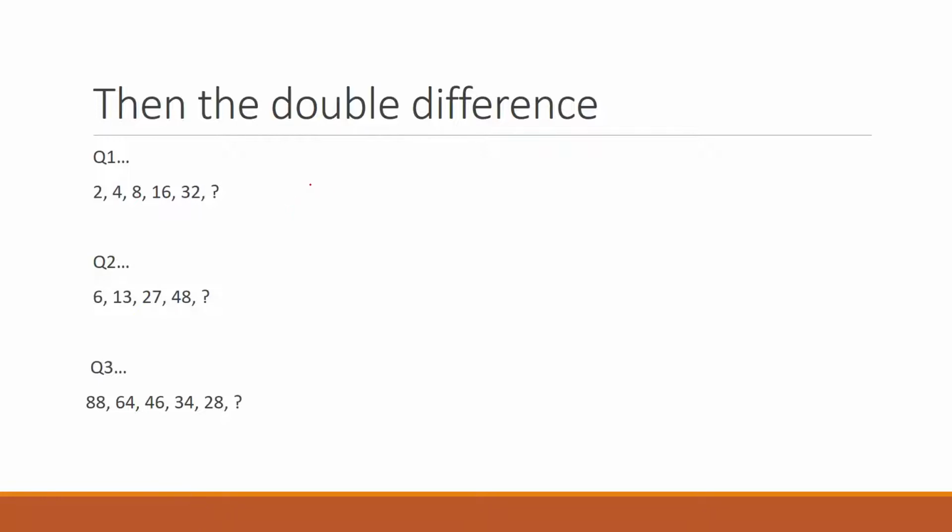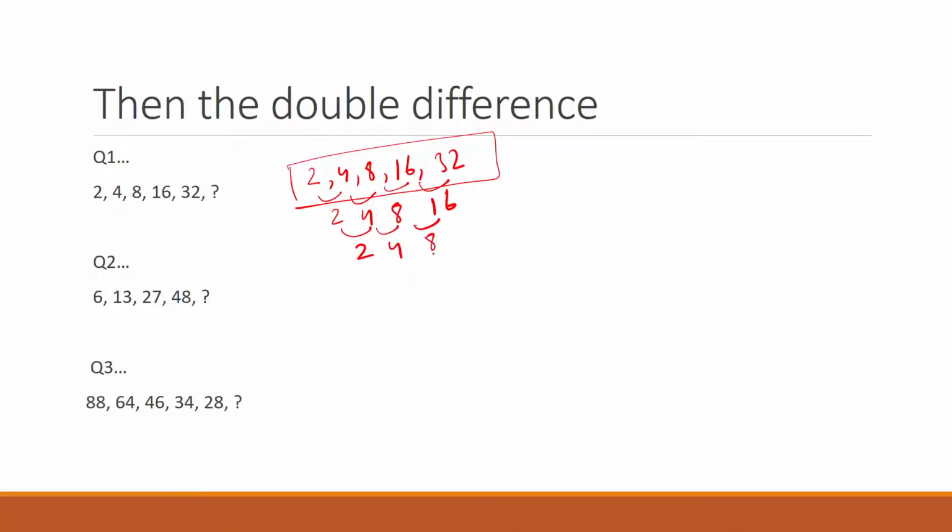What does this mean? You take a difference for the first stage. Suppose you do this particular question, this is 2, 4, and you can see here that this is basically a doubling of the previous term. So this is again a special pattern. You could have figured it out by now, but I want to demonstrate another perspective here. So 16 and 8 difference would be 8, 32 and 16 will be 16, and the double difference would give you this one, 2, 4, 8.